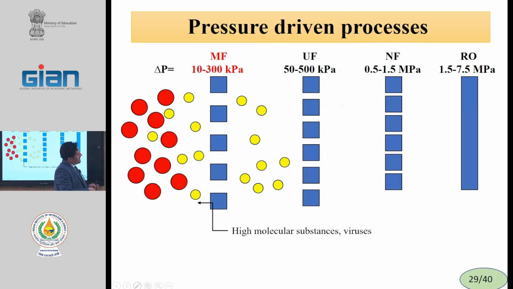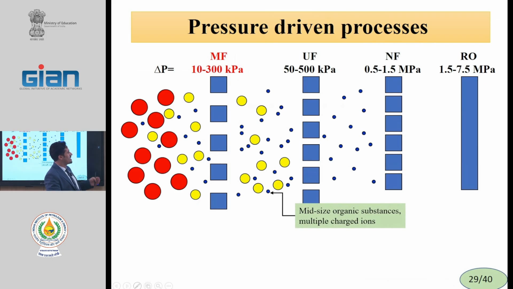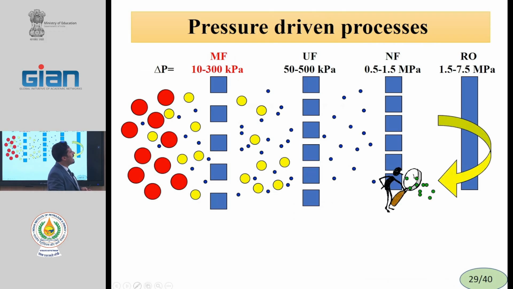High molecular weight substances are separated by UF, and NF can separate multi-charged ions and mid-sized organic substances such as dyes. RO separates completely, but is mostly used for separation of ions, heavy metals, and salts.